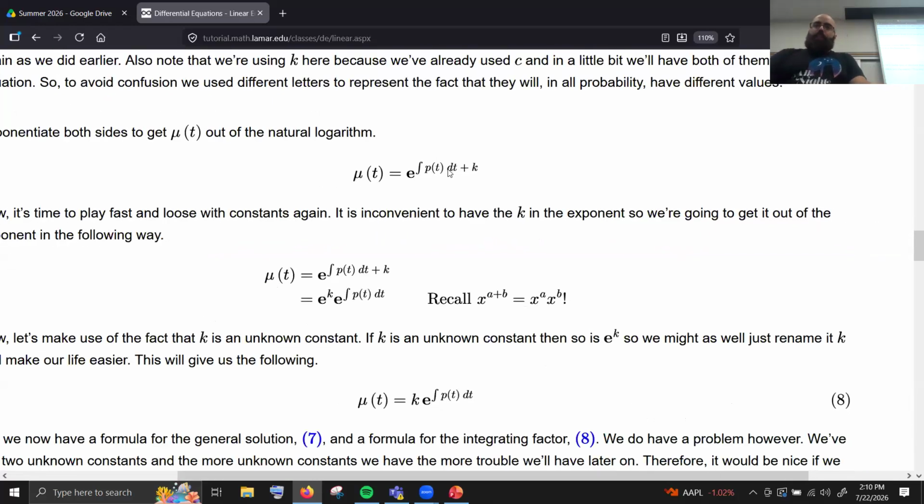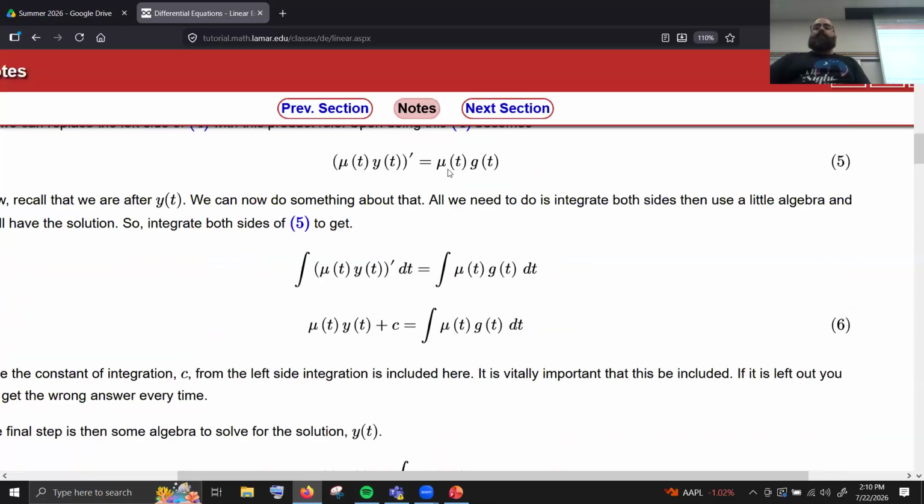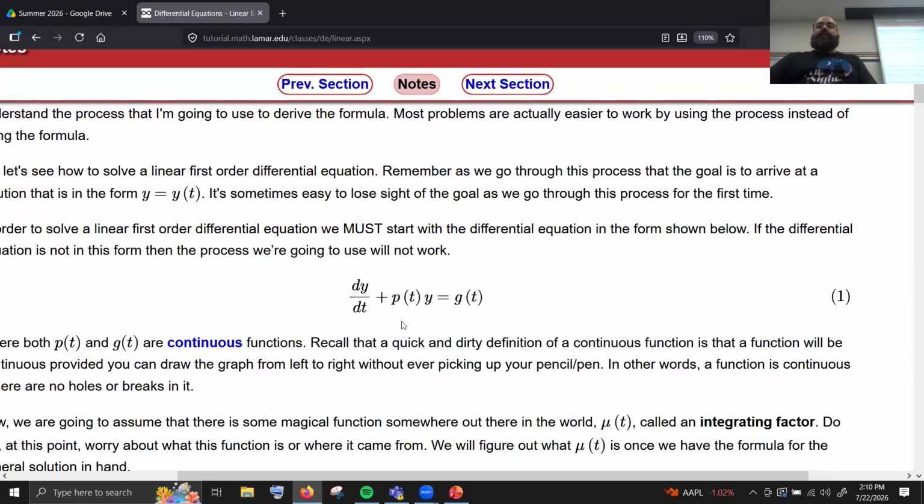So I like to write my differential equation in the same form that we have here. I like to spell out what my p of t and my g of t are.